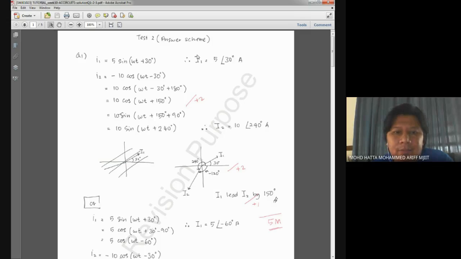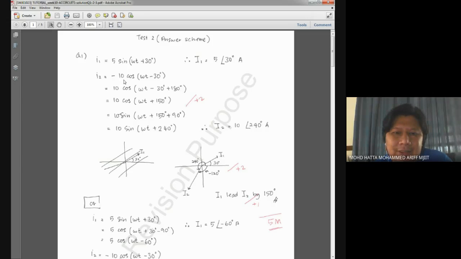Looking at the first question, here is the solution and how I got my answer. We've been given two sinusoids, I1 and I2, where I1 is given as 5 sine omega t plus 30 degrees, and I2 was given as negative 10 cos omega t minus 30 degrees.